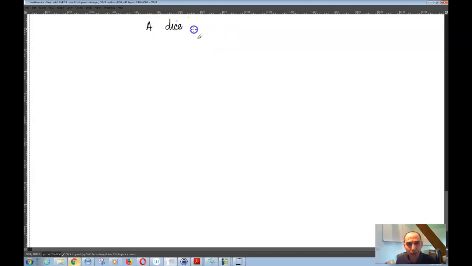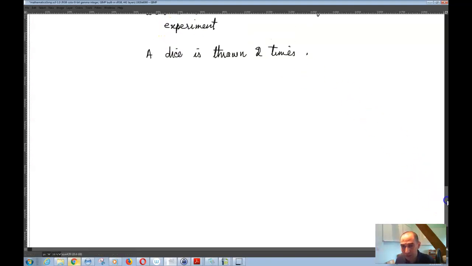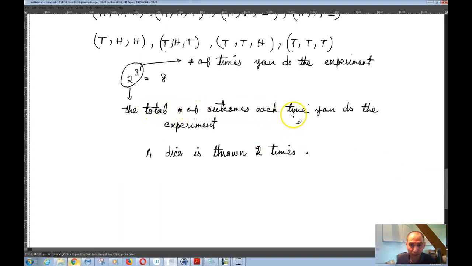So if a dice is thrown 2 times, over here we said that the total number of outcomes each time you do the experiment becomes the base here, and then you raise that base to some power which is the number of times you do the experiment.